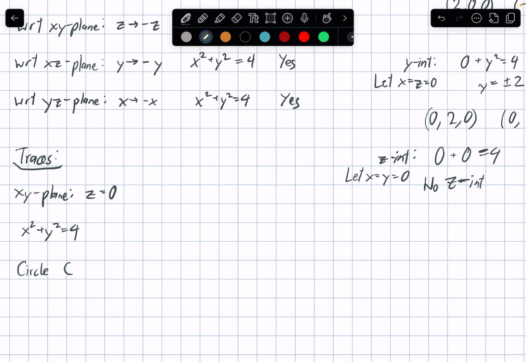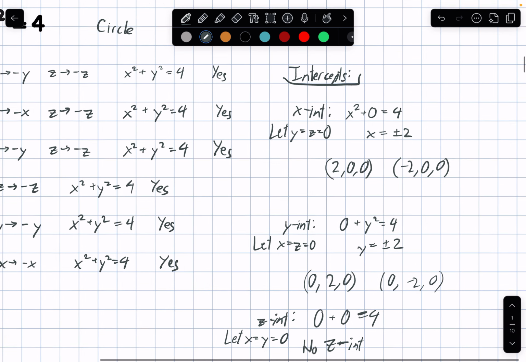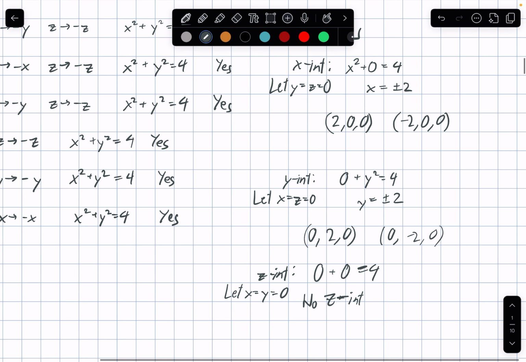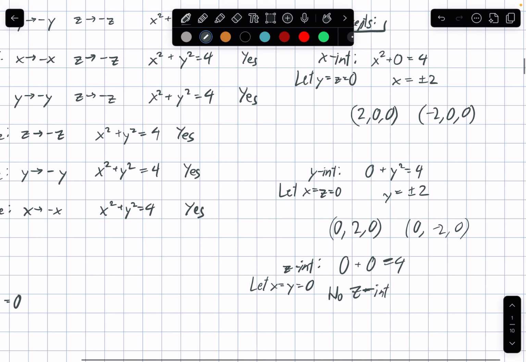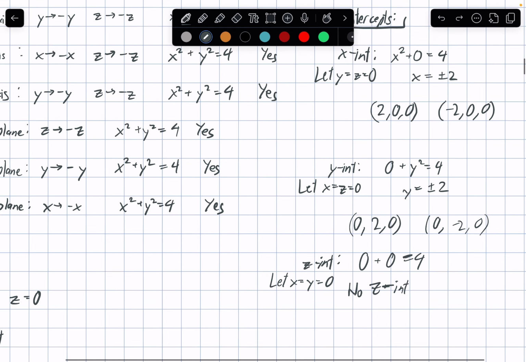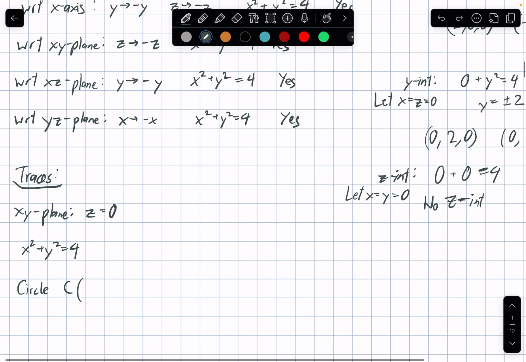Let's identify the center. So given the intercepts, I think we can say that since one thing in common is that the distance is usually 2, right? If you visualize, the radius could be 2 and the center is the origin. So 0, 0, 0. And the radius is equal to 2.